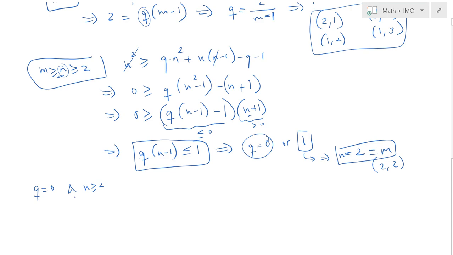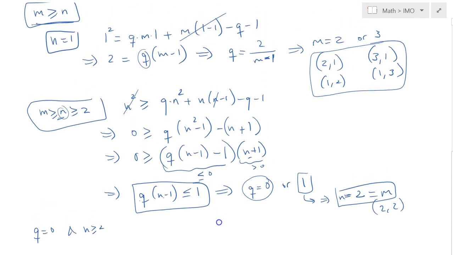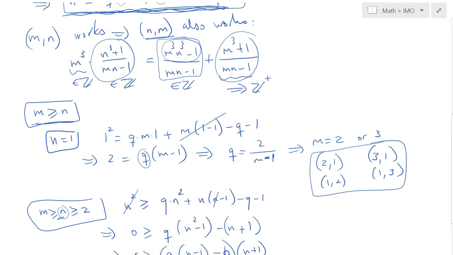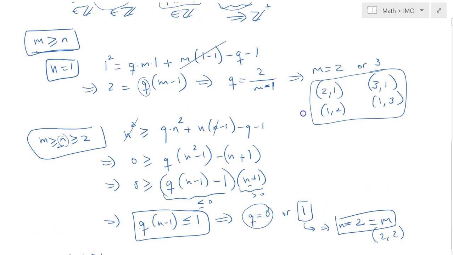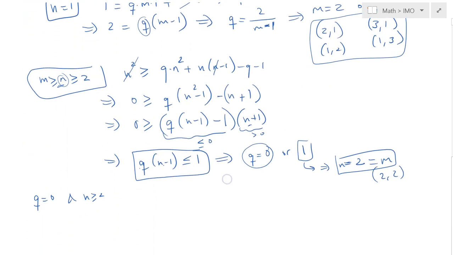Then in that case our equation, namely this one, becomes, because the q term vanishes here, n squared equals m times (n minus 1) minus 1.